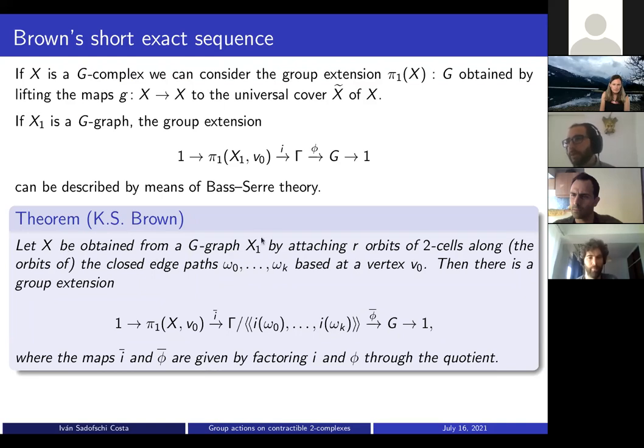If X is obtained from a G graph by attaching R orbits of two cells along certain closed edge paths, all based at B0, then we have a group extension like this, where gamma is this group gamma here. These elements are obtained applying this map to these loops here. And these maps I bar and phi bar are obtained by passing to the quotient these maps.